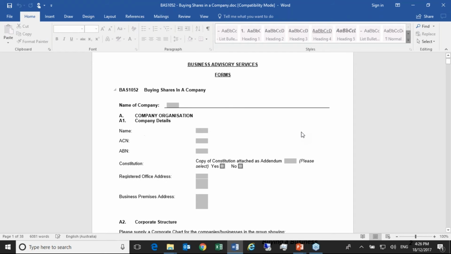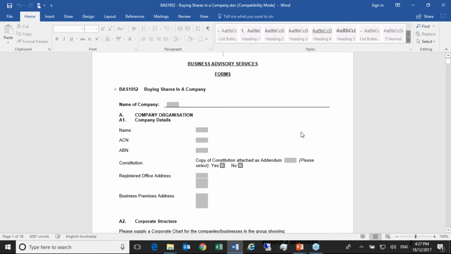This form will assist you to undertake a due diligence review on what is happening within the company. Because once your client acquires those shares and presumably becomes a director of this company, then the buck ends at their door.